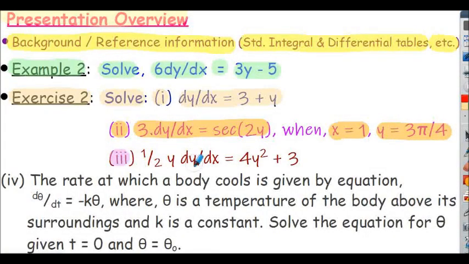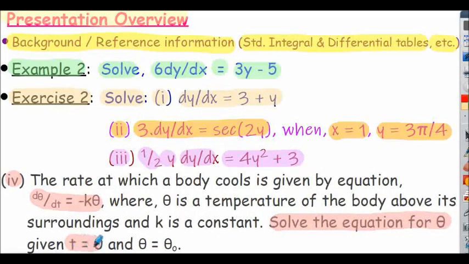Part 3, we solve the equation half times y times dy by dx is equal to 4y squared plus 3. And finally, part 4 is a descriptive question where we're given a first order differential equation in terms of theta in t this time, and we have to solve the equation for theta, again given initial condition t is equal to 0 and theta is equal to theta naught.